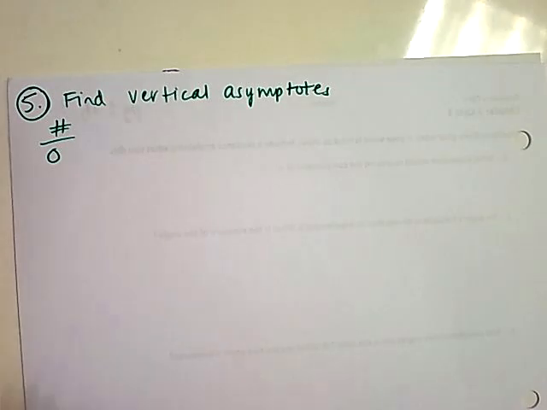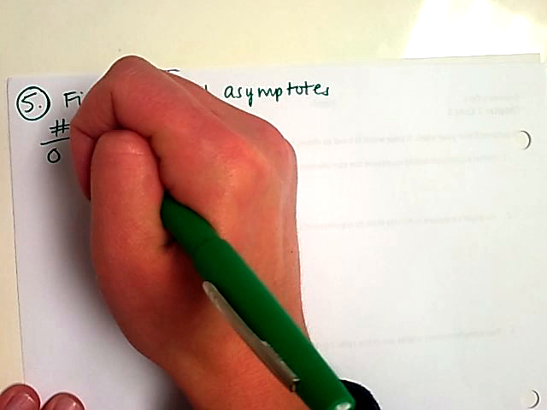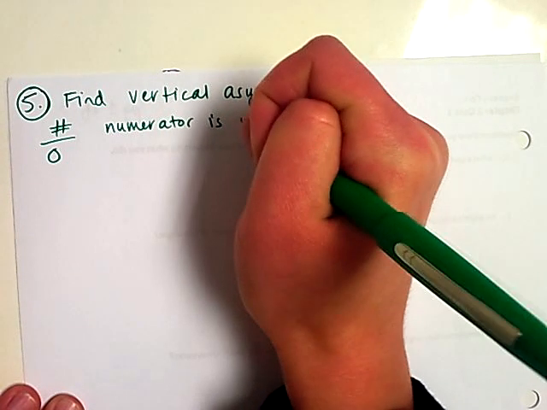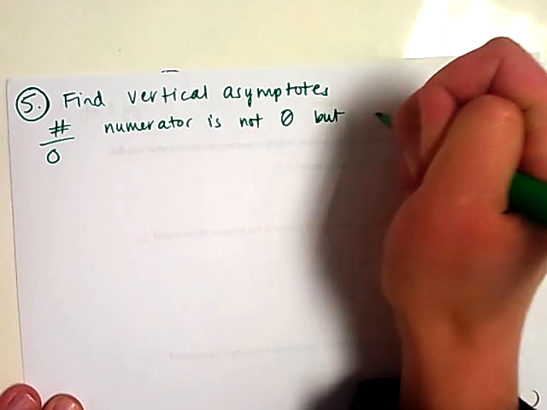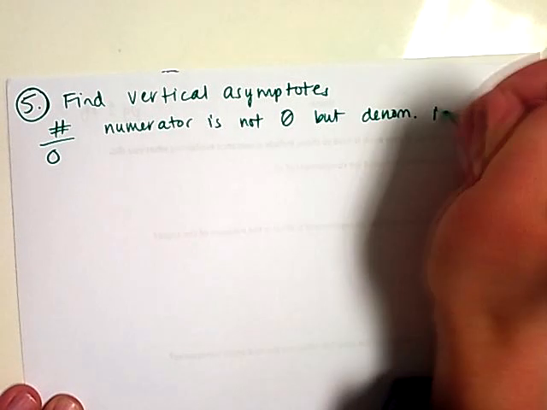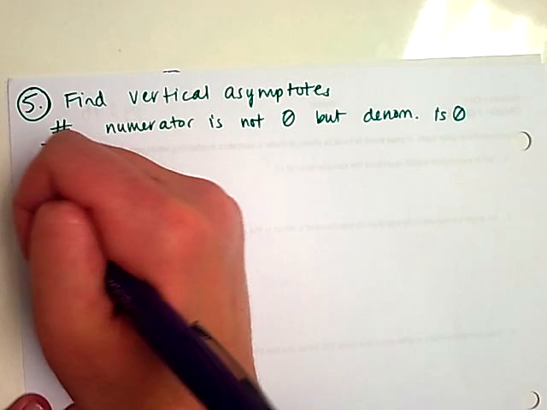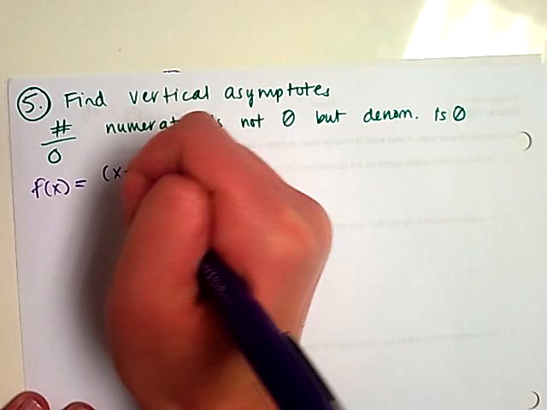So you can think of this as the numerator is not 0, but the denominator is 0.